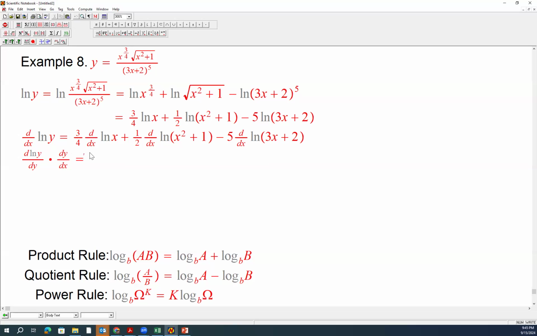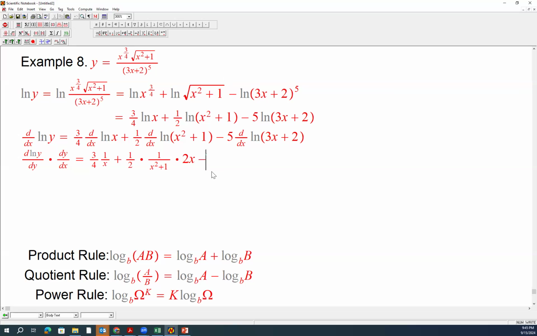On the other side, we do it one by one. The 3/4 times the derivative of ln x is 1 over x. The second piece is 1/2, and we apply the chain rule: 1 over x squared plus 1, multiplied by 2x.